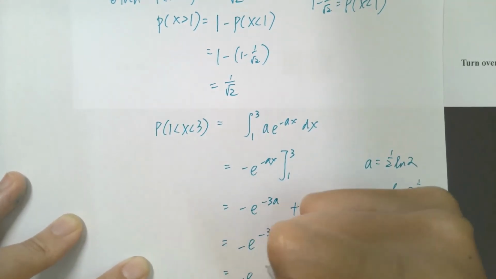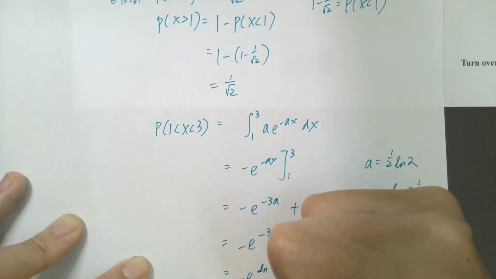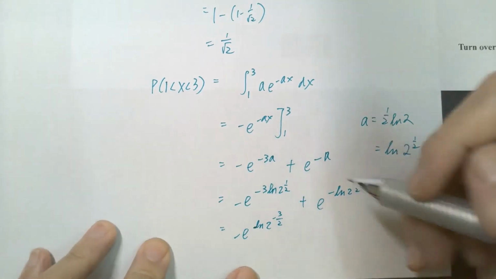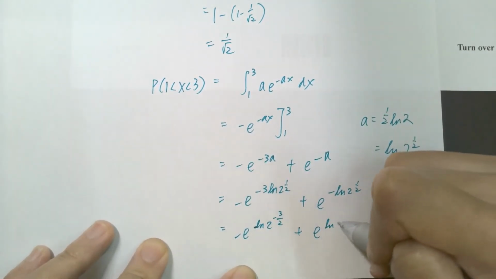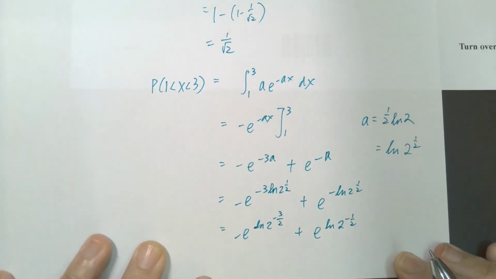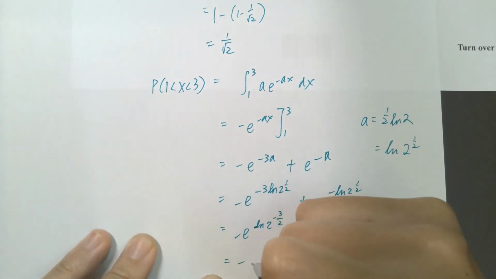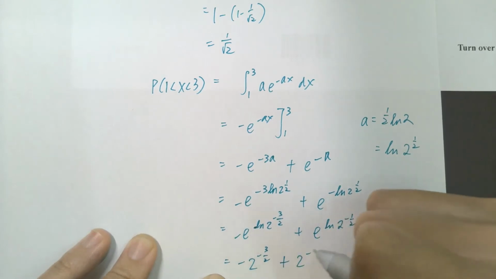If we want to be very sophisticated, it's ln 2 to the negative 3 over 2, by the power rule. So we move the negative 3 over here, plus e to the ln 2 to the negative 1/2. And of course, e to the ln whatever cancels out, which is just negative 2 to the negative 3/2 plus 2 to the negative 1/2.